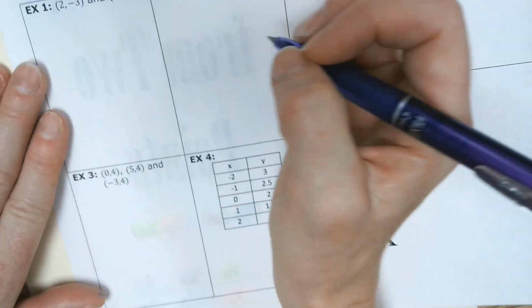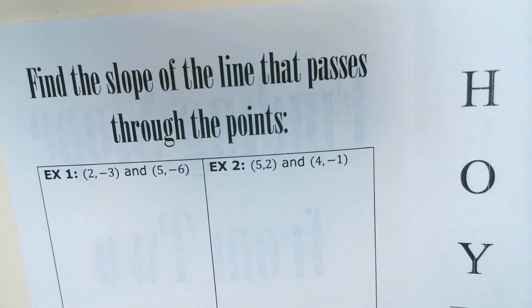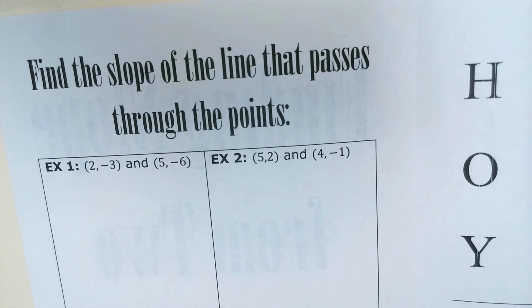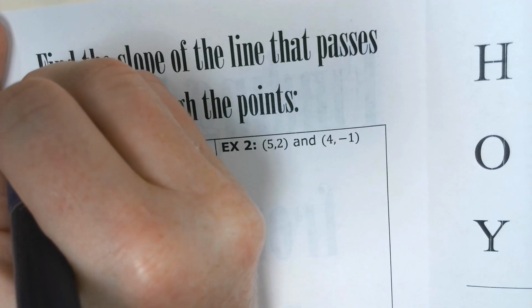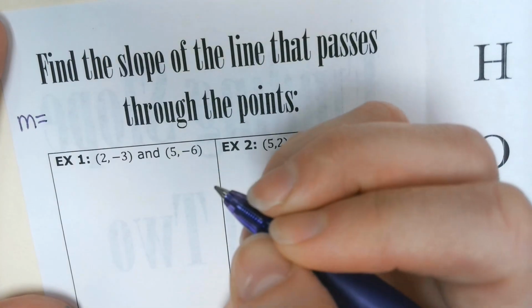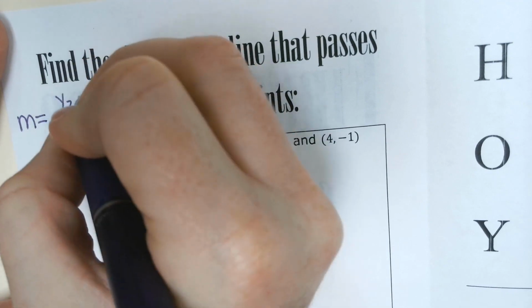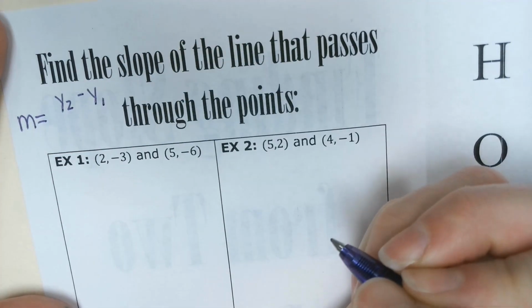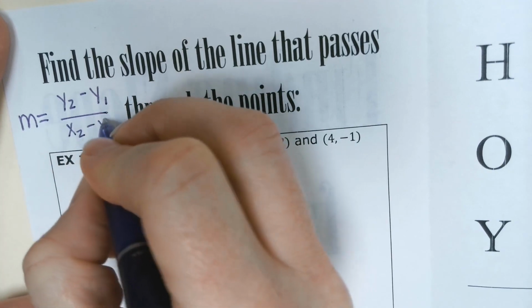Okay, so let's look at our first couple of examples. Find the slope of the line that passes through the points. So I am going to go ahead and write my formula here. M equals y2 minus y1 over x2 minus x1.